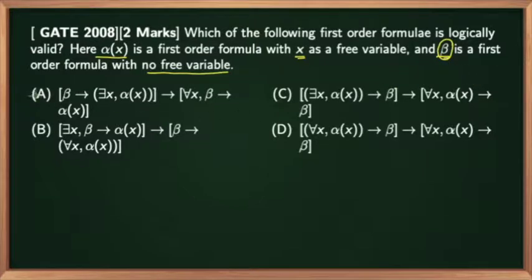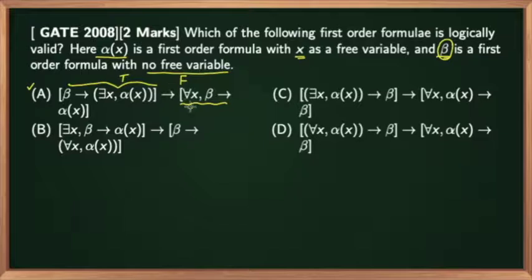Okay, so let's see the choice A. It says beta implies there exists an x, alpha of x implies for all x, beta implies alpha of x, right? So we can say that this is not valid if we can have a truth assignment such that this side we should be able to evaluate to true, and the right hand side we should be able to evaluate to false.